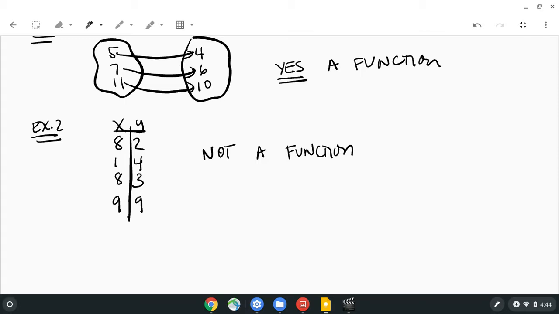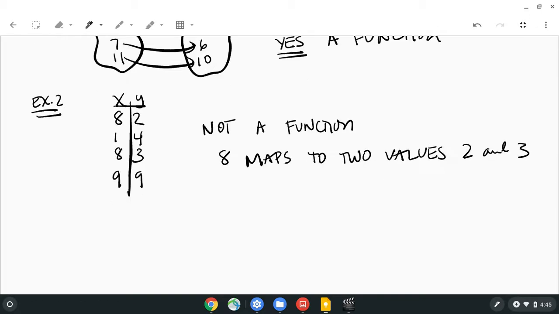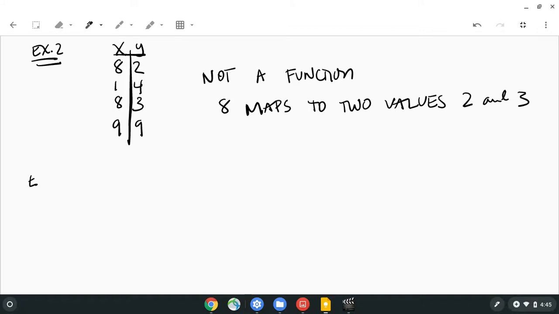Okay, so 8 maps to 2 values, 2 and 3. And let's take a look at this one over here.